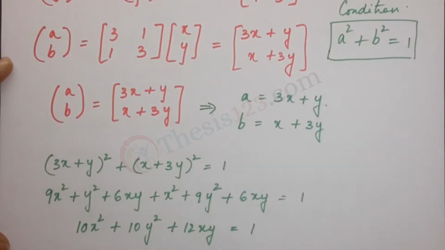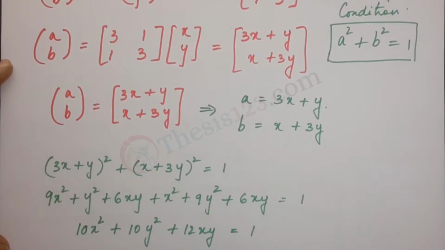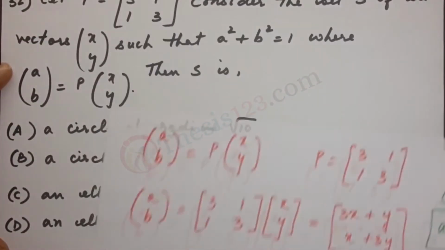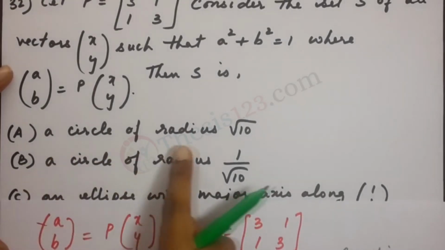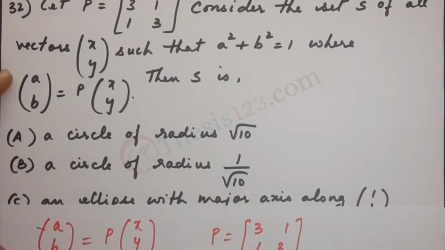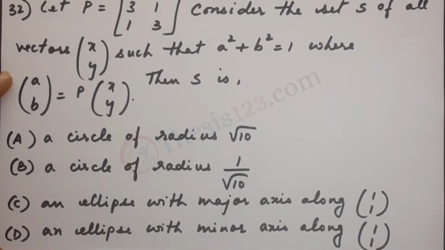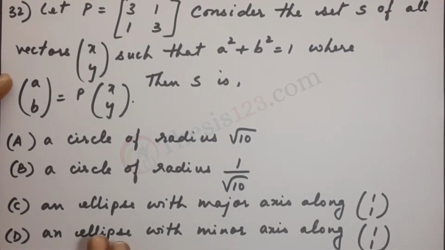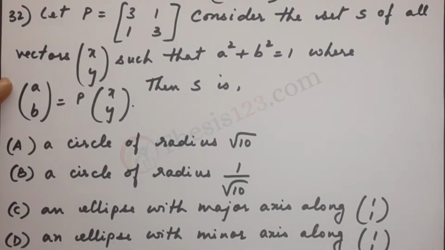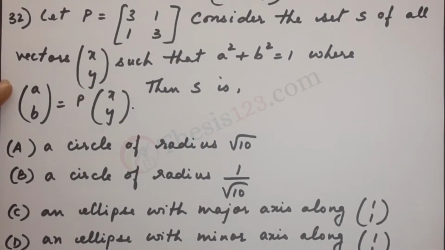So options A and B rule out. It is not a circle of radius root 10 and it is not a circle of radius 1 by root 10, which leaves out that it is either an ellipse with a major axis along (1, 1), or an ellipse with a minor axis along (1, 1).